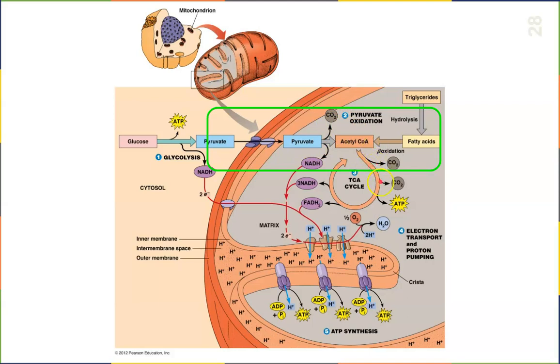And then now we have acetyl-CoA, which enters the Krebs cycle, or the citric acid cycle. Okay. So since we're entering the citric acid cycle, we're going to break acetyl-CoA up as much as we can to get as much energy as we can from it. And then after that, acetyl-CoA is pretty much gone.